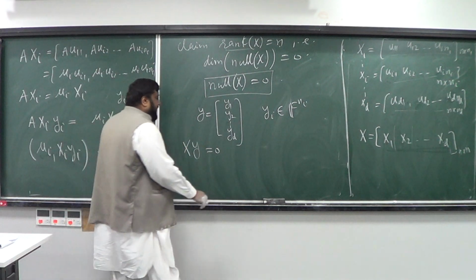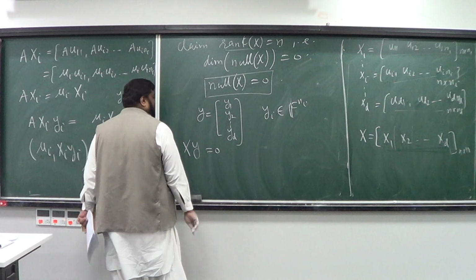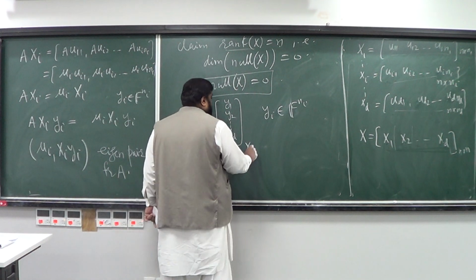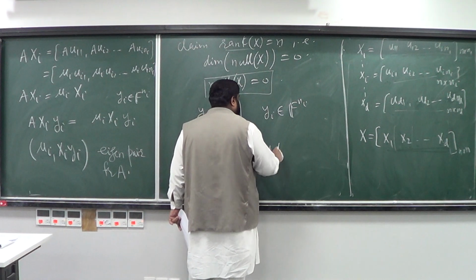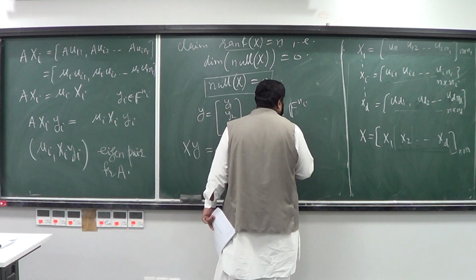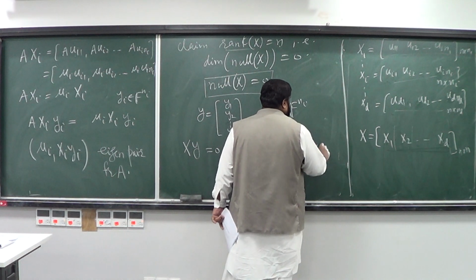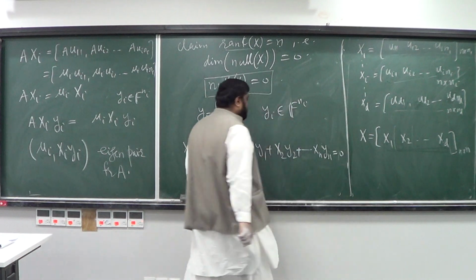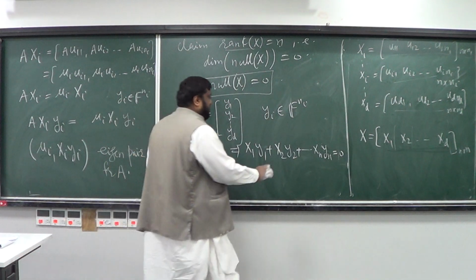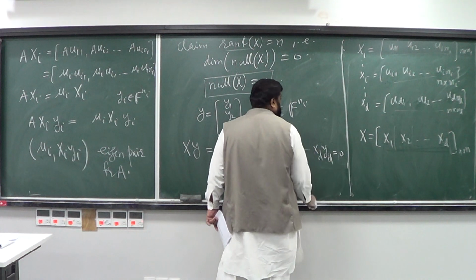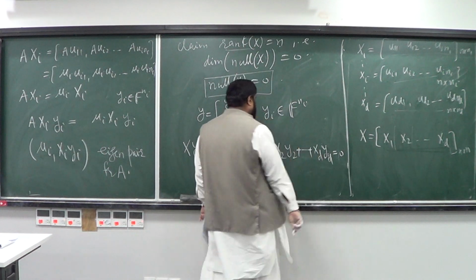So when you multiply this vector y with X equated to 0, you're going to get X_1 y_1 plus X_2 y_2 plus so on and so forth, up to X_d y_d equal to 0.